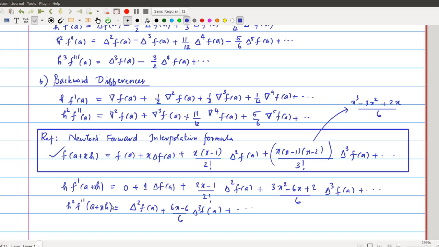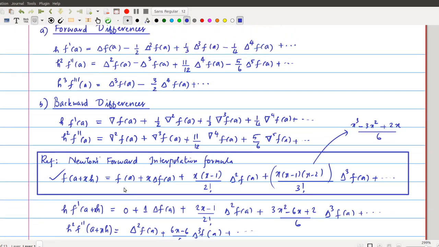Okay, so in order to get the first formula defined here, we need to put x equal to 0 in this expression. When x equal to 0, we will get h times f dash of a plus 0 times h, that is f dash a.